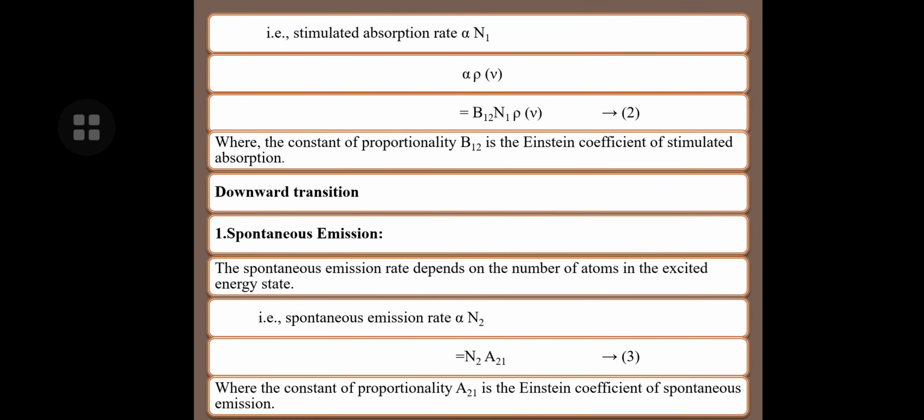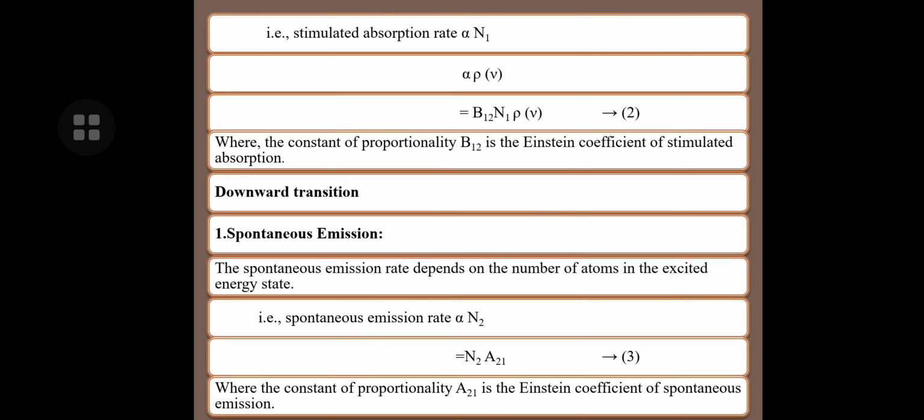That is, the stimulated absorption rate is proportional to N1 and proportional to rho v, that equals B12 N1 rho v, where B12 is the Einstein coefficient of stimulated absorption. Why are we taking B12 here? The atoms go from 1 to 2, that's why we are taking B1 to 2.